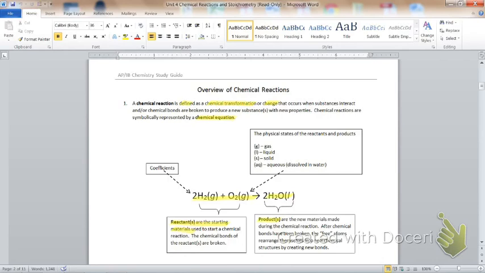Now, what else do we have here is we normally put the state that the compound or molecule is in during the course of the reaction.